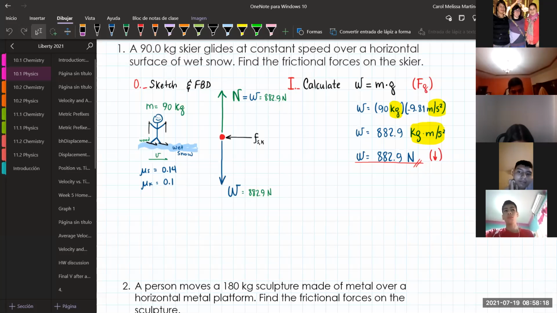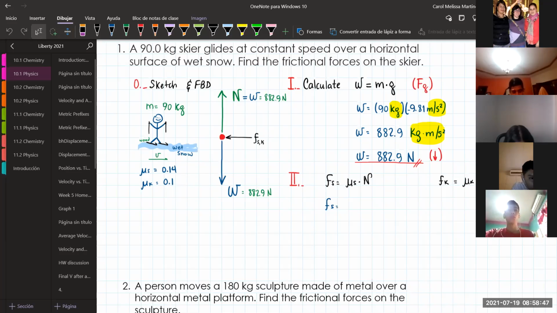So we say static friction equals static coefficient times the normal. And you also have the formula for kinetic friction, that is equal to kinetic coefficient times the normal. All we do is substitute by the values that we obtained, okay?